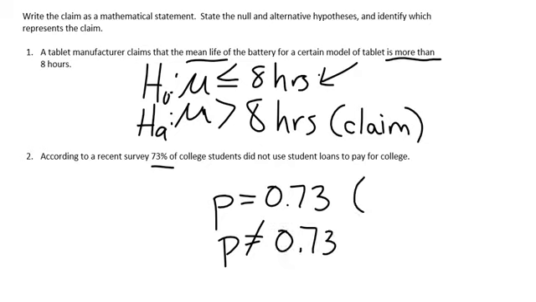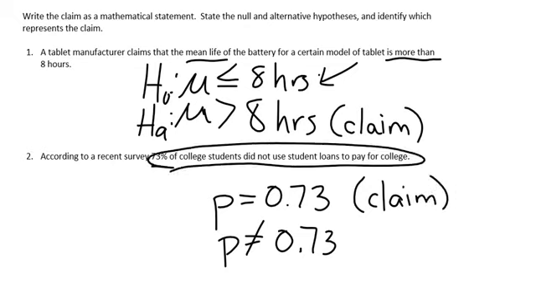And we just got through stating that this one actually was the claim because we took what was given here and we wrote it as a mathematical statement. Now let's determine which one is the null and which one is the alternative. The one with the equal sign is going to be the null hypothesis. And therefore the one with the not equal sign, or the inequality, meaning it's not equal, is the alternative.